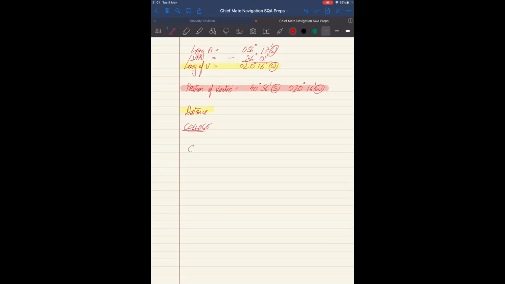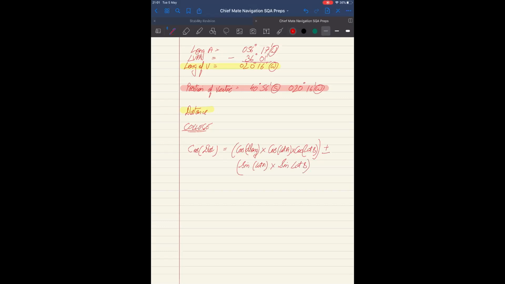It says the cos of distance is equal to cos of d long times cos of lat A times cos of lat B, plus or minus sine of lat A times sine of lat B.